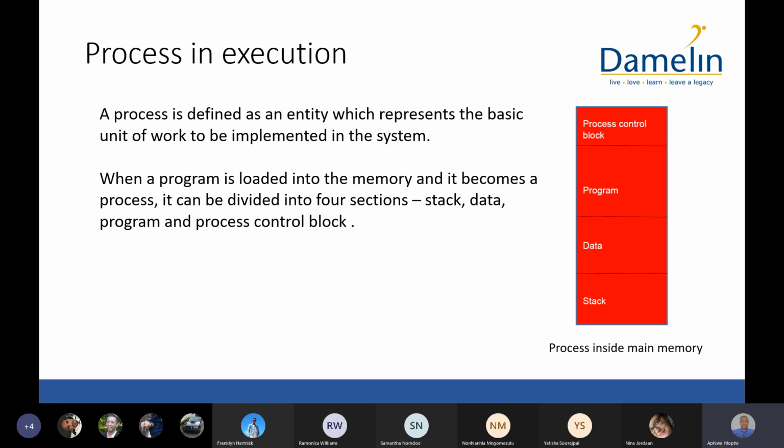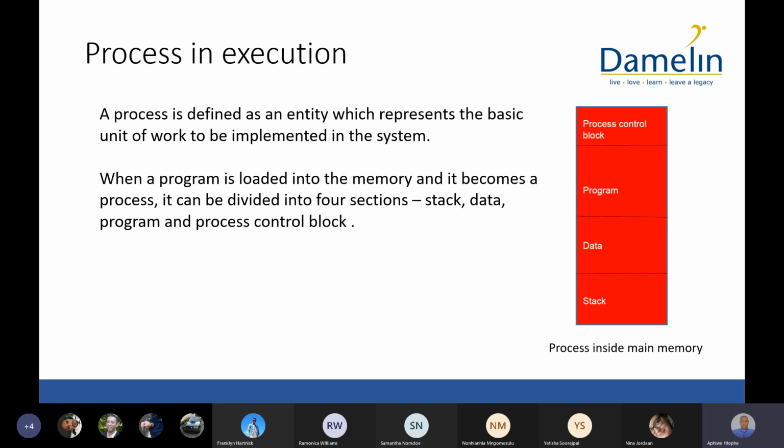When a program is loaded into the memory and it becomes a process, it can be divided into 4 sections: the stack, the data, the program, and the process control block. Don't confuse these 4 sections of the process with the instruction cycle, okay? Two different things. What I'm saying here is that when a program itself is sent to the main memory, it can be divided into these main components.